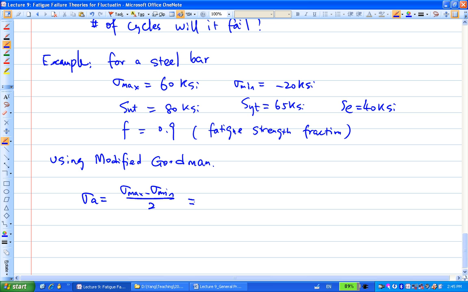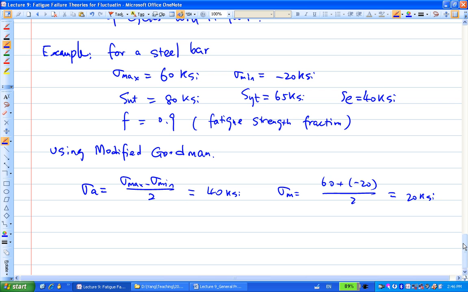So 60 minus negative 20, that is 80 over 2, which is 40. Sigma M is 60 plus negative 20 over 2, so that's 20 ksi. So sigma M is greater than 0.